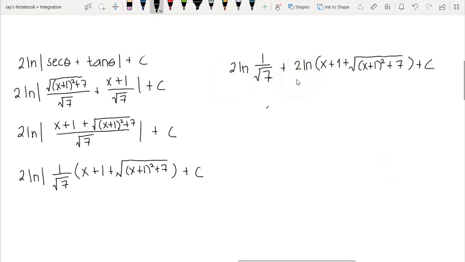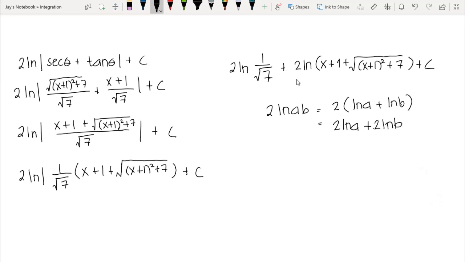Now why do we have 2 here? Take note, if we have 2 the natural logarithm of a, b, we can have 2 times the natural logarithm of a plus the natural logarithm of b. Then we can distribute 2 inside, that is 2 the natural logarithm of a plus 2 the natural logarithm of b. We can distribute 2 inside the parentheses. So the same as with this concept.